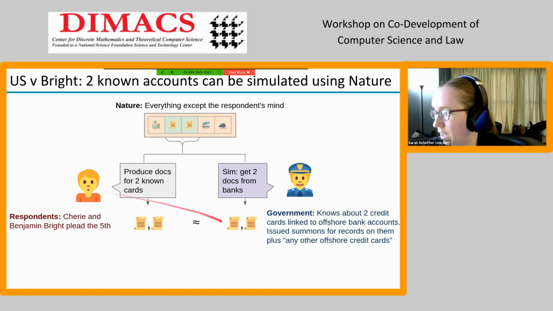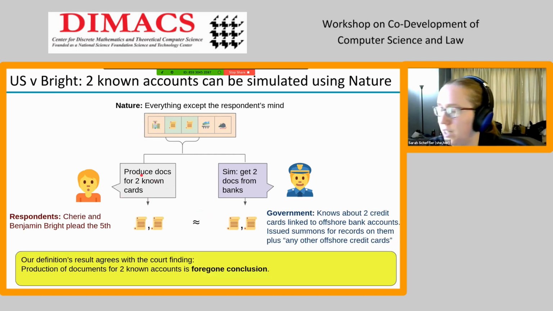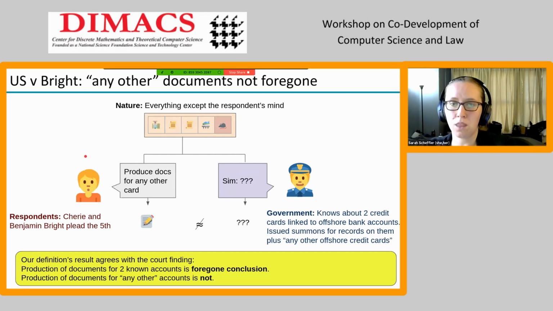Okay, so we agree with this on this half of the ruling, and then what about the other half? If instead the government queried for, produce the documents for any other account, and we have no idea how many accounts you have, then it's not really clear how the government would simulate this.